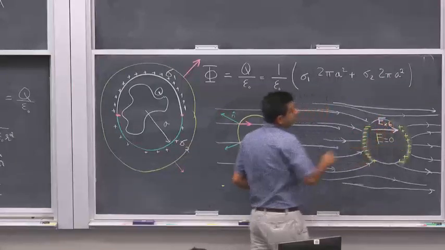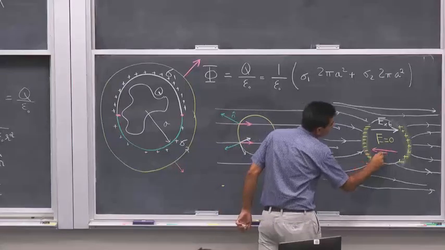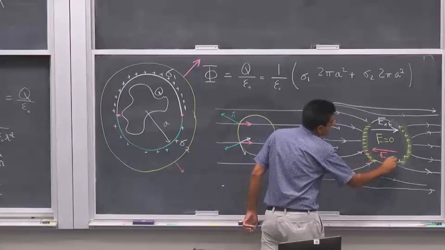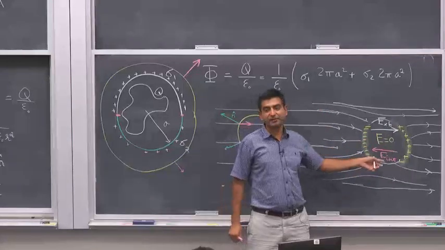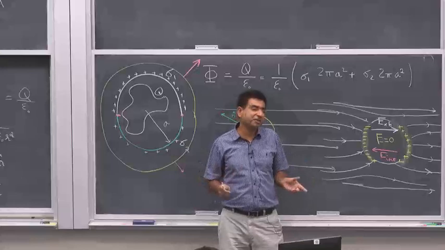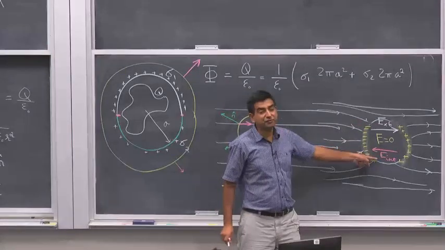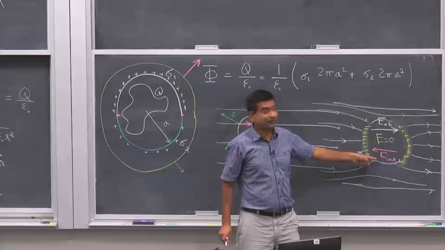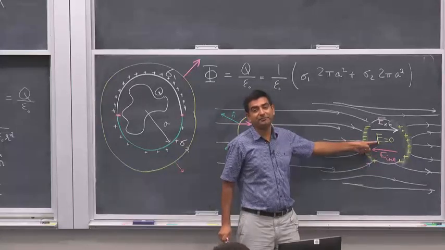But this new distribution of charges creates an internal electric field, E internal. Because there are positive charges here and negative charges here, they will produce an electric field of their own. And everything readjusts in a neat fashion in a way that this external electric field is the same magnitude as this internal electric field, which is called a dipolar field, so that the net electric field inside remains zero.